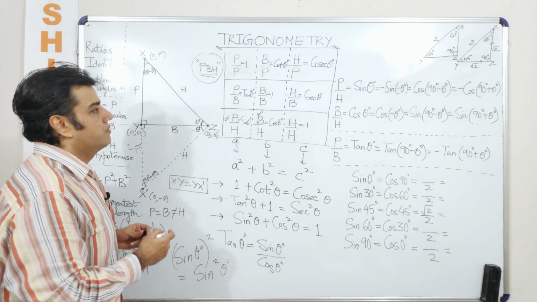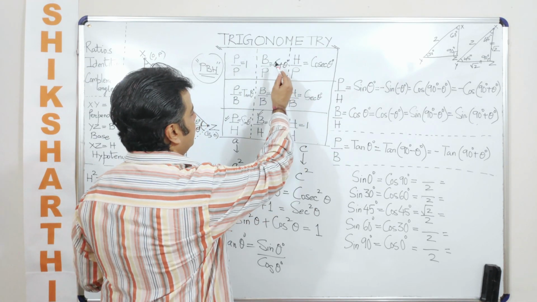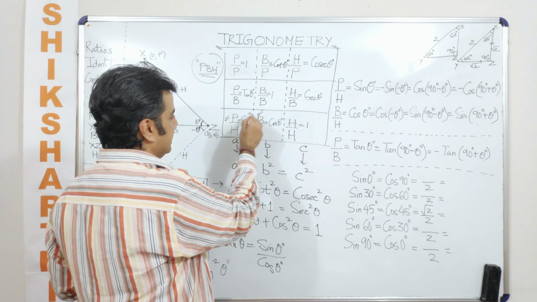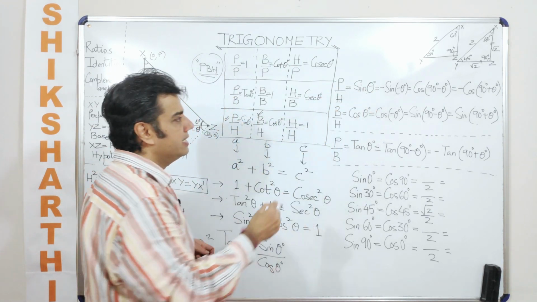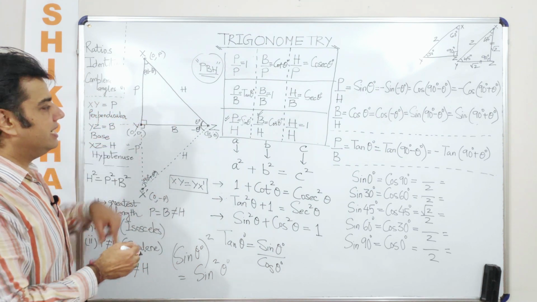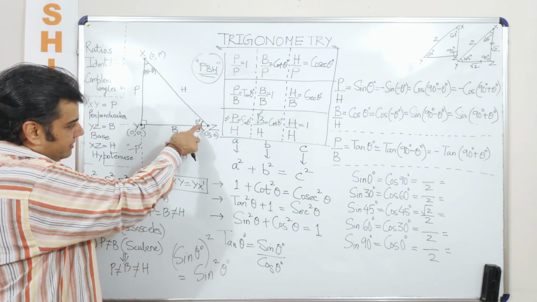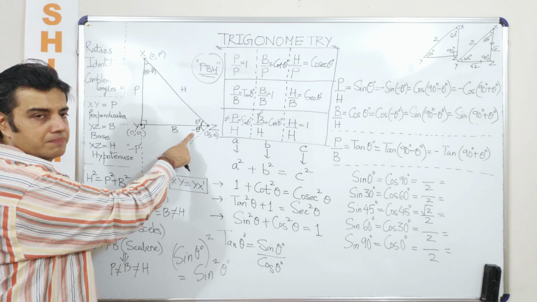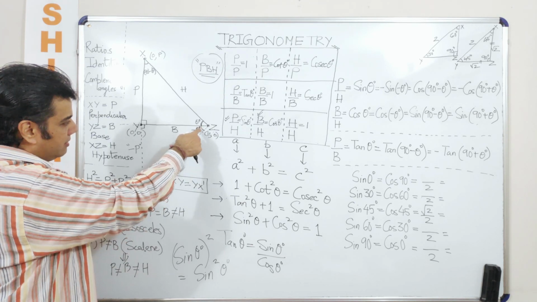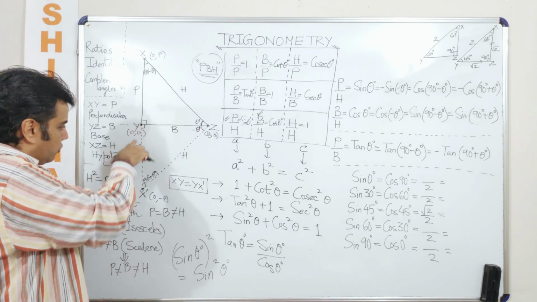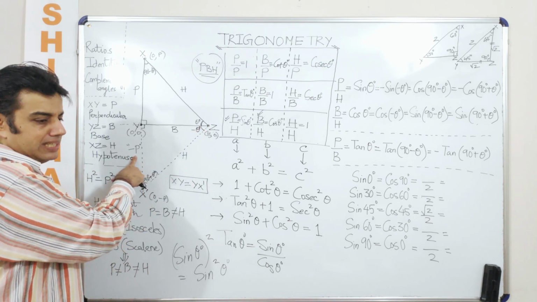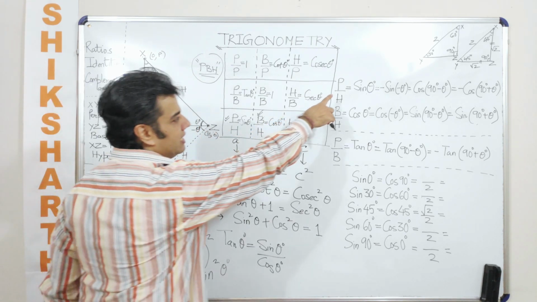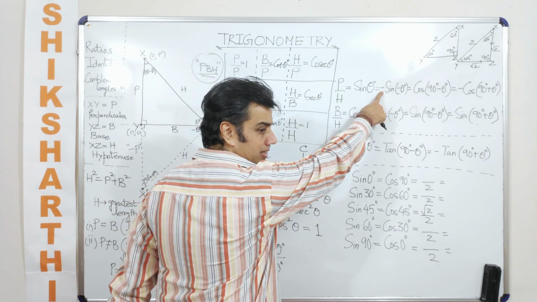Correct? So now, taking one trigonometric ratio from here. I'm just taking these two trigonometric ratios. One is P by H, known as sine theta degrees. Can I say sine theta degrees? And if I take sine of minus theta degrees, sine of minus theta will be the same as perpendicular upon the hypotenuse. But this perpendicular is minus P by H, and I have to make it as P by H. So I'll multiply it by a minus.